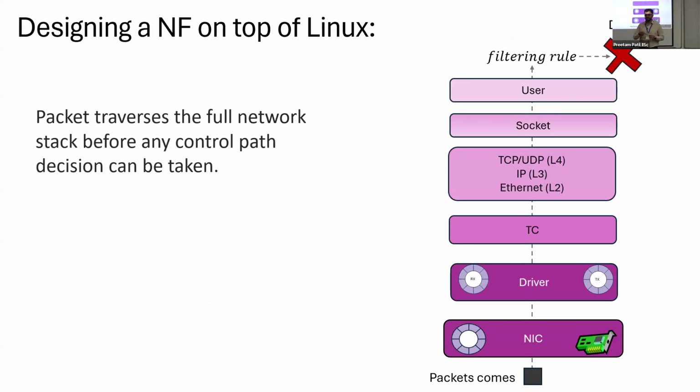So if I'm, let's say, writing a filtering rule in user space, so I'm designing a firewall, I write code for the firewall in any language that I want. I run it on top of Linux. When my firewall is receiving a packet, the packet is coming from the entire stack up, make a decision. If I want to let the packet through, I want to send the packet back through the entire queue and send it forward. This whole overhead, there should be something that we can do about it.